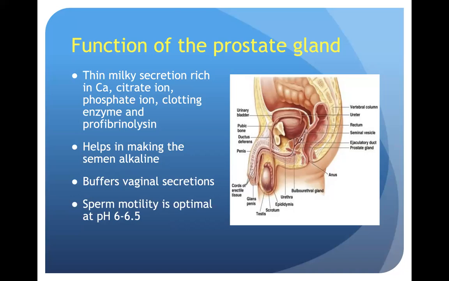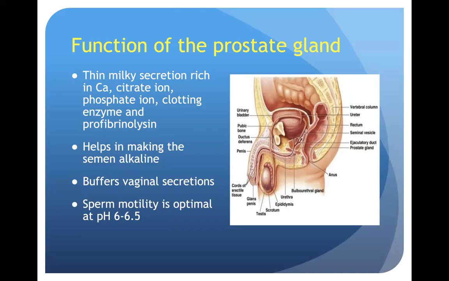Okay? So it also helps in making the semen alkaline. So therefore, it helps in the buffering of the vaginal secretions kasi nga acidic, di ba? So it somehow makes yung vagina more favorable environment for the sperm cell. As mentioned, sabi natin, yung sperm cell prefers yung alkaline environment kasi nga hindi sila agad madedegrade or masisira kung alkaline.